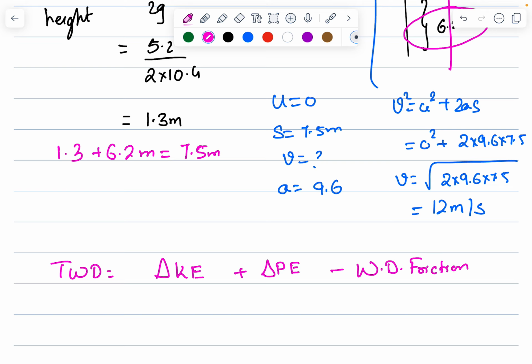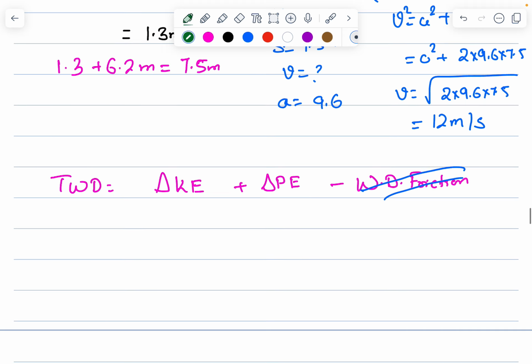There is no friction at all, so we don't consider it over here. So this is the formula you should be remembering: delta kinetic energy plus delta potential energy minus work done against the friction.